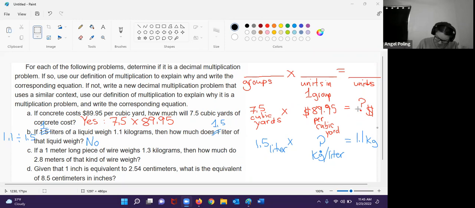Now we have 1.5 groups, that's our liters, times 1.1 kilograms per liter. That's our units per group. And now we are asking about the number of kilograms.